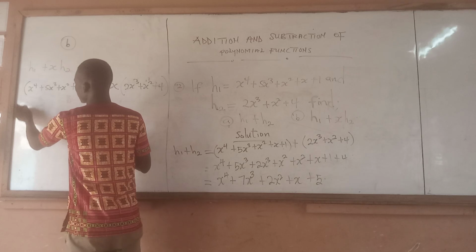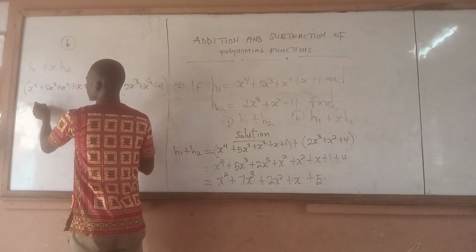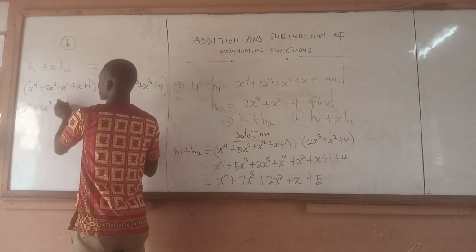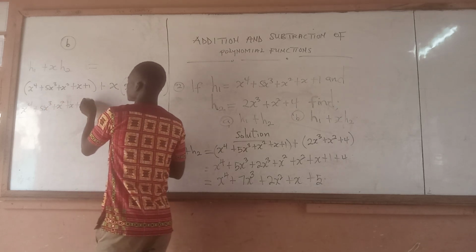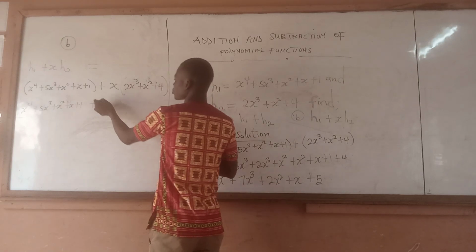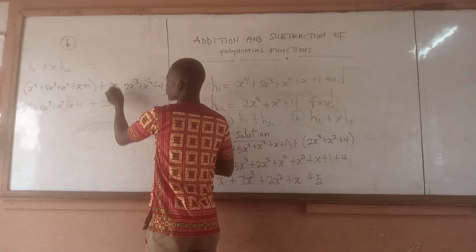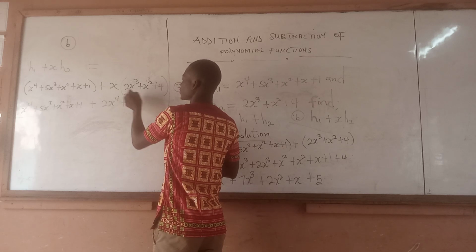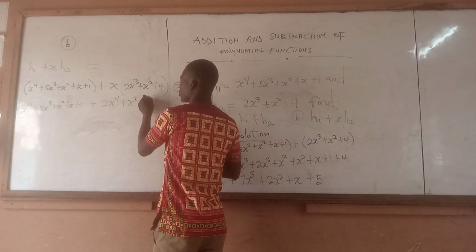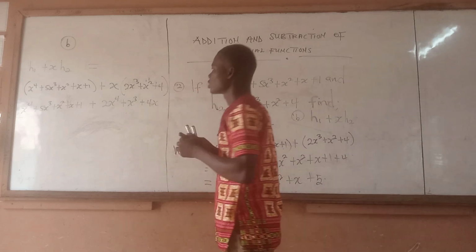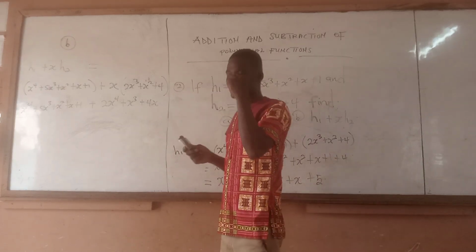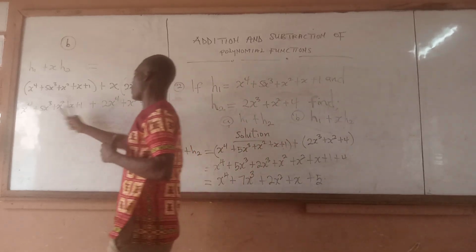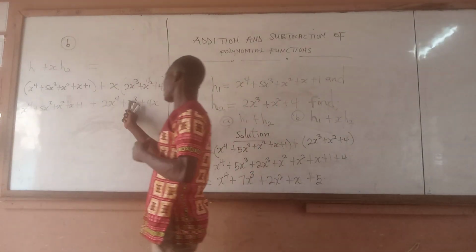We have s power 4. So s times 2s cubed is what? 2s power 4. s times s squared, s cubed. s times 4, we have 4s. So on this note, we can group the like terms. Now let's take our time. See, power 4, power 3, power 3.